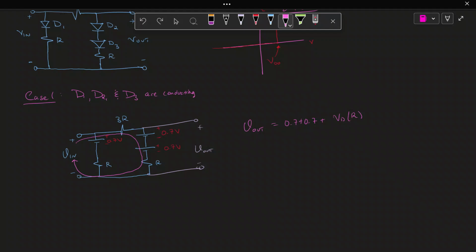So how much voltage is being supplied to that resistor? If we take a voltage divider, the voltage across R is equal to the voltage being supplied to R, which I'll just call V in, times R divided by R plus 3R.